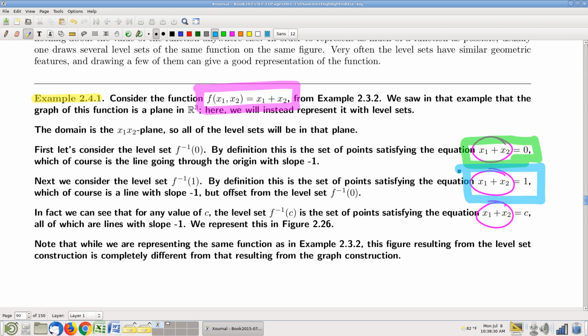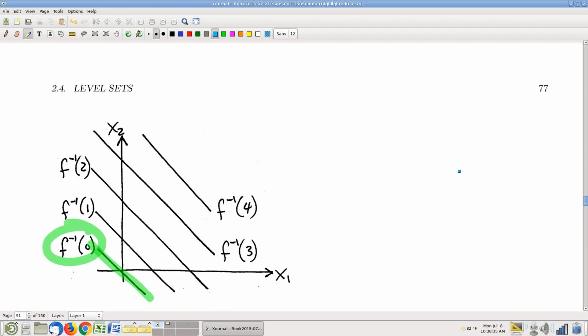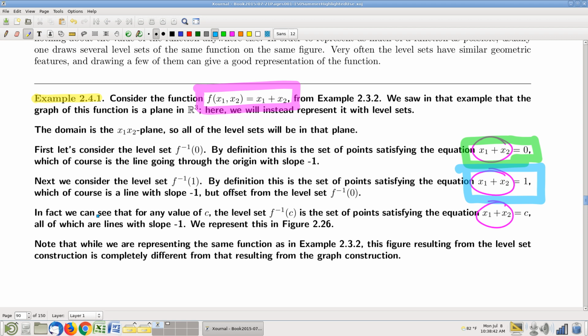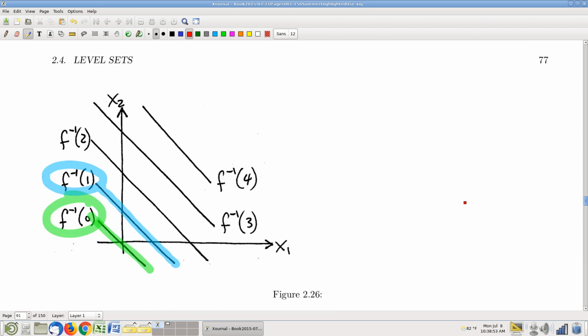Now it's a different constant, but it still gives us a line, and that's a different line. That's this level set or this pre-image, et cetera. You could do this for any constant. No matter what that constant is, you always get a line for the level set, for the pre-image. So all of the remaining level sets are lines, just moving up or down depending on what that constant is.